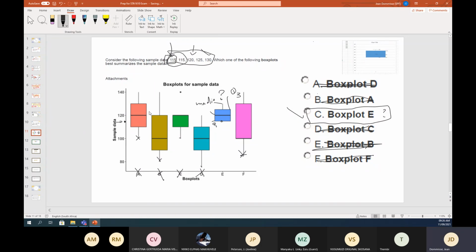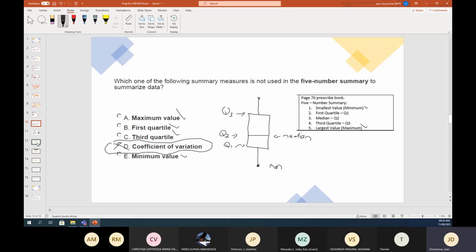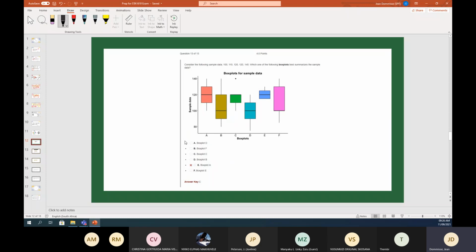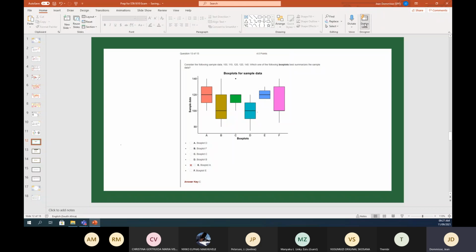That's why I added another one. It was the same question in your assignment, but with different values. Let's see if I can make this a bit bigger, because I don't really want to go into it.